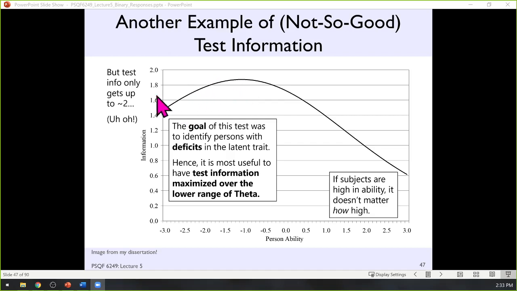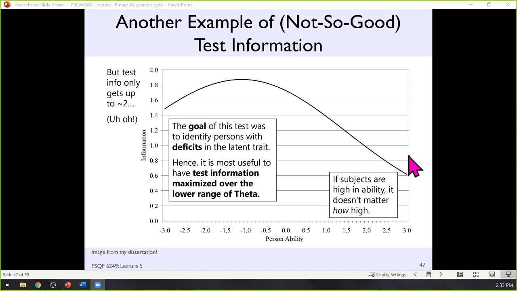Because my information is highest on the lower end of the scale. That's where I want to have the most sensitivity. My information dips quite a bit on the high end, but that's okay because those people are fine. If you're with it, I don't need to know how with it you are. My goal was not to measure high functioning people. It was to be able to find the people who might have deficits, right? So that was the point of the slide.